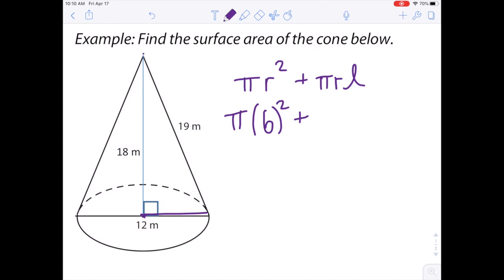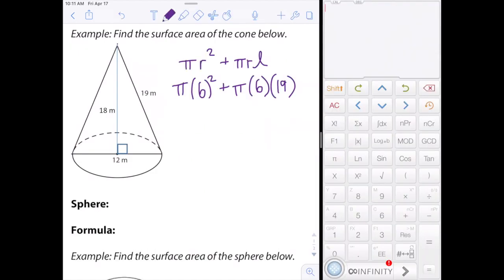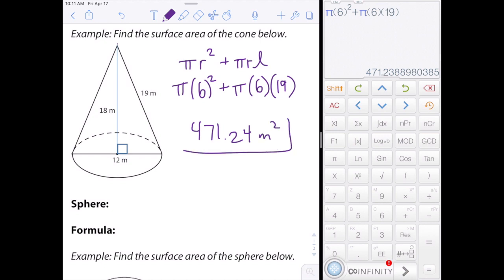So just be careful about that. You don't always have to divide whatever is here by 2. And then our slant length is 19. Okay, I've got my calculator here, so I'm going to type in what I wrote. I got 471.24 square meters, and I'm done.